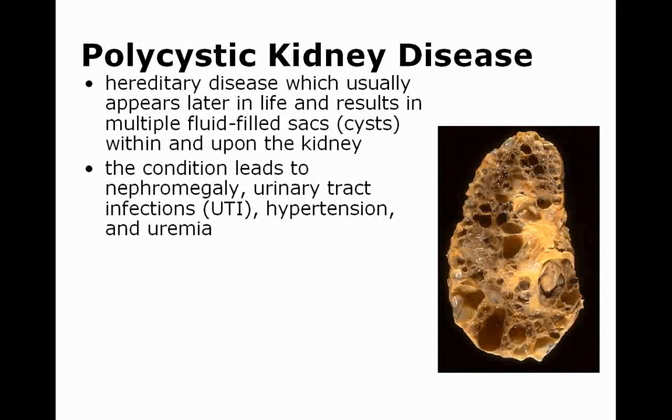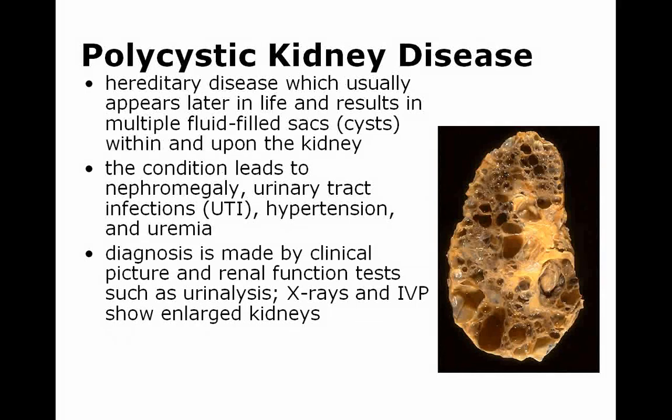They'll have frequent urinary tract infections. Again, there's hypertension. And uremia is a condition where the uric acid, the urea, the nitrogenous waste, builds up in the bloodstream because the kidneys are not filtering properly.